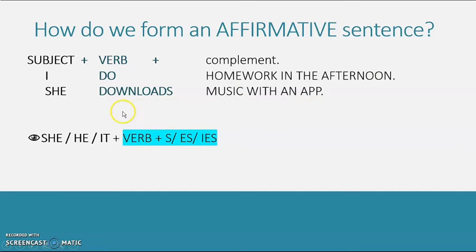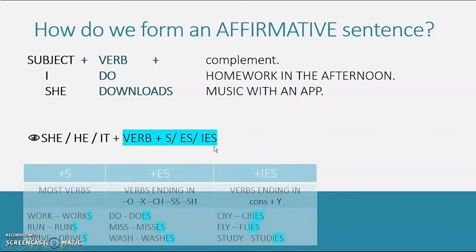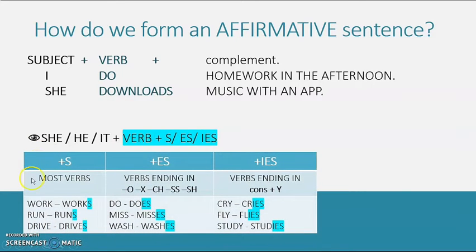Remember that when we have she, he, it as a subject, we will add s, es, or ies to the verb. Here you have a spelling chart. To most of the verbs we will add the s, like works, runs, drives.